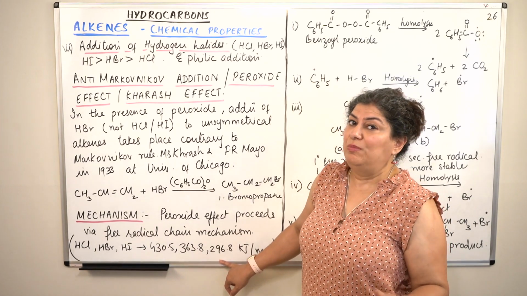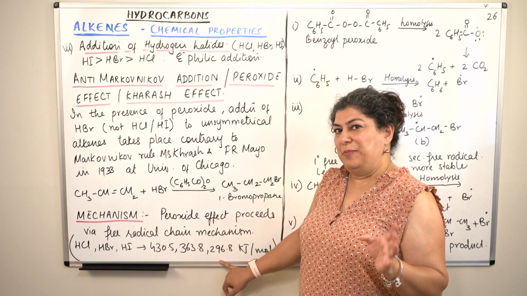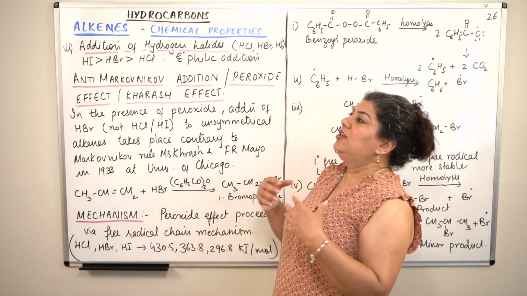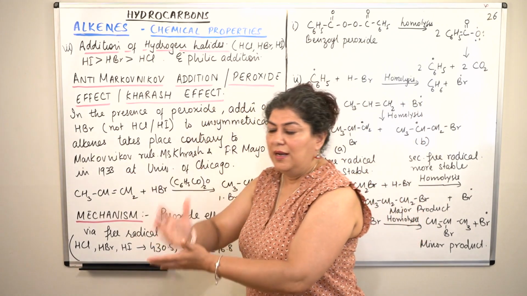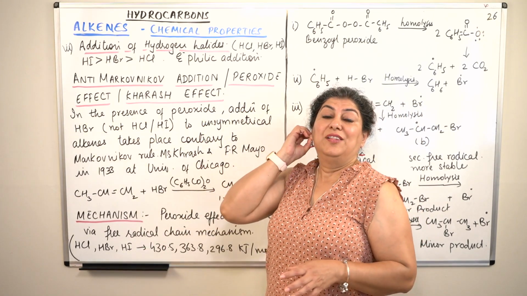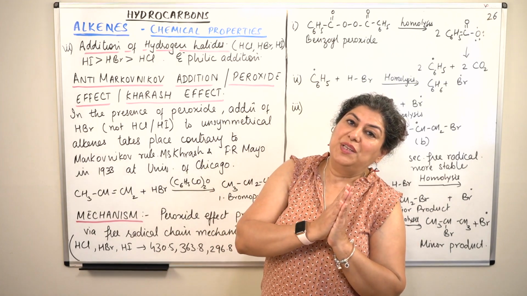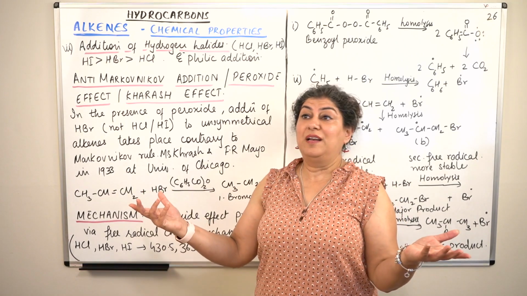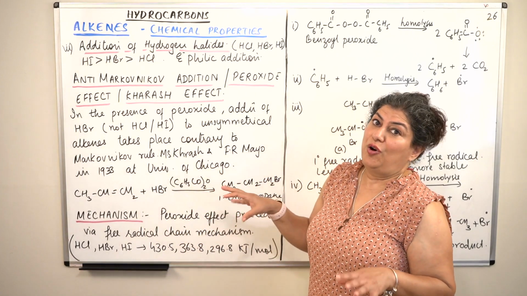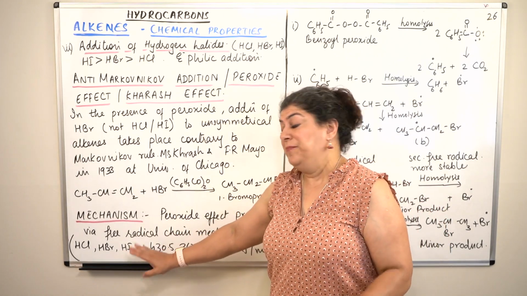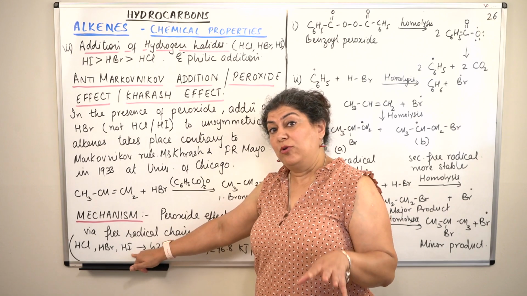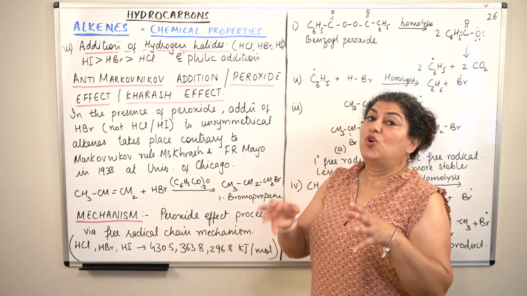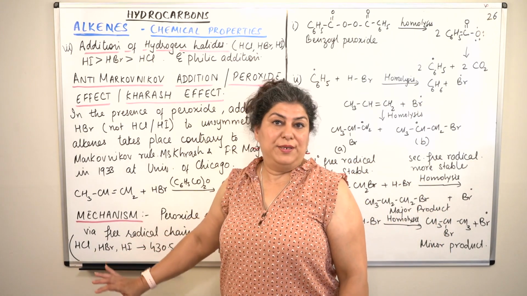The free radicals are formed very easily, but the problem is that the two iodine free radicals, instead of going to an alkene and causing a cleavage of the bond there and then adding, just combine with each other and form an iodine molecule, which is pretty stable, and there is no free radical available to carry out the addition of hydrogen iodide. That is why we do not see the anti-Markovnikov addition in the case of hydrogen iodide or hydrogen chloride. We see this only in the case of hydrogen bromide.